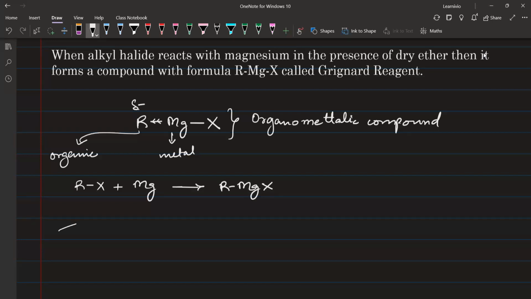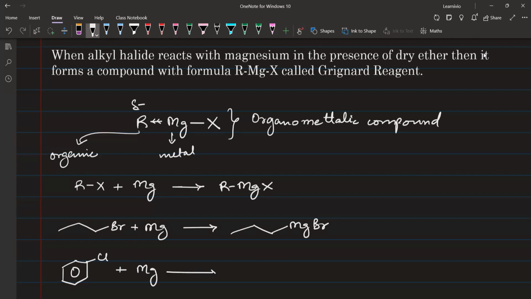Now let's take some specific examples. 1 2 3 Br plus Mg is going to give Mg Br in place of Br. After that, let us suppose you have a benzene ring, here you have chlorine, plus Mg, then this is also going to give you the product. By the way, in the arrow write dry ether, DE. Just to remind you, DE means you are having dry ether. Dry ether also has a question, why we use dry ether. Now the name of this: whatever alkyl group R you have, write alkyl magnesium halide.